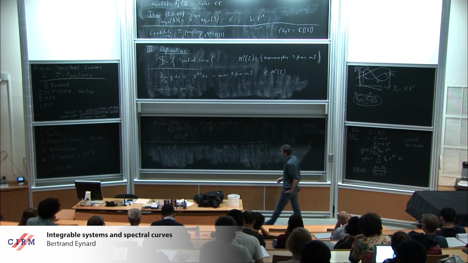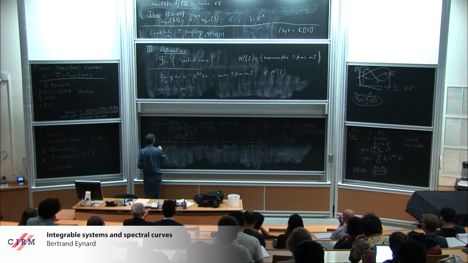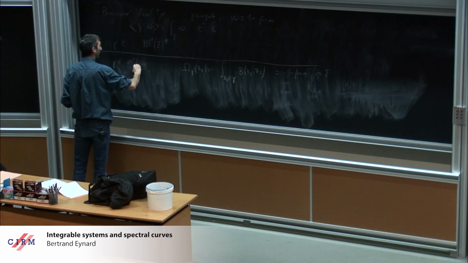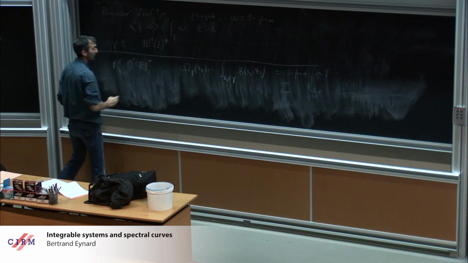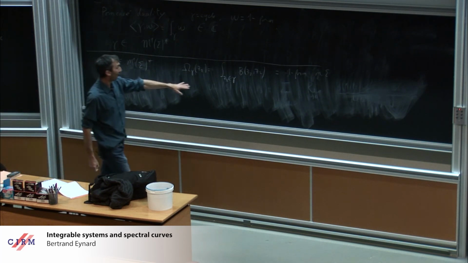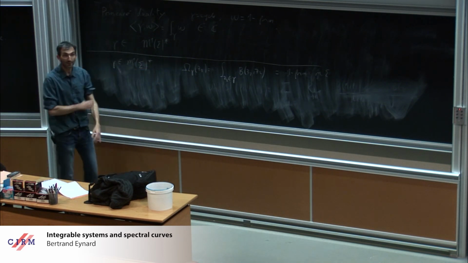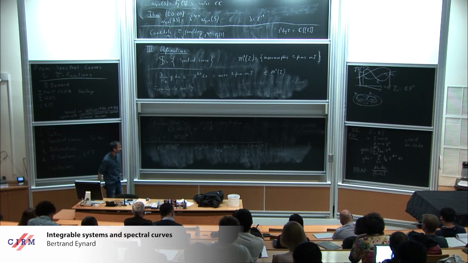Now, what happens if you take gamma as an element of a dual? In fact, this is a Hodge decomposition that I'm going to make. If gamma is an element of a dual, it is a one form, but usually it's not analytic.